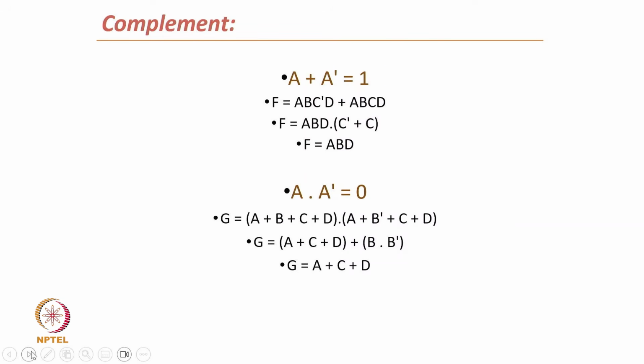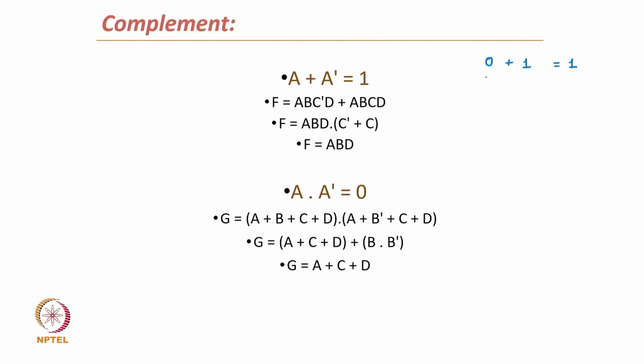Now, we have the complement rule. What the complement rule says is, A plus A dash, or A plus A bar, is 1. What it says is, if I have an input of, for example, 0, then the inverted value will be 1, and if we add both of them, 0 and 1, the output will be 1.